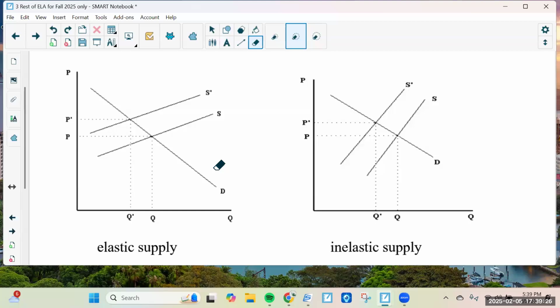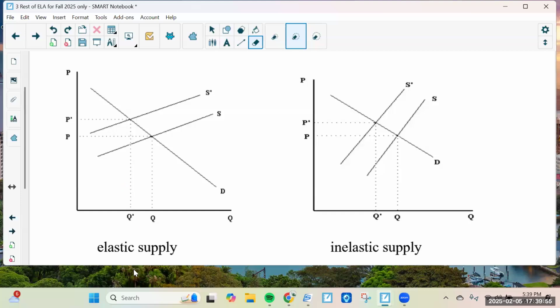So products like that have various elasticities. Bananas. Bananas tend to be very what? Elastic or inelastic? You're selling bananas, not buying. You're selling bananas. Very inelastic. And the reason why they're very inelastic is because you can't wait a couple of weeks to sell your bananas. When they're at the store, they need to be sold now. And so they tend to be more inelastic. The seller can't wait for changes in price.